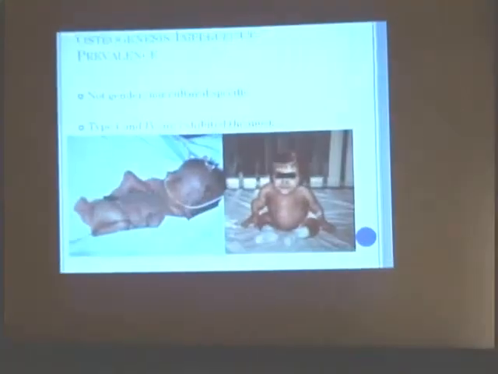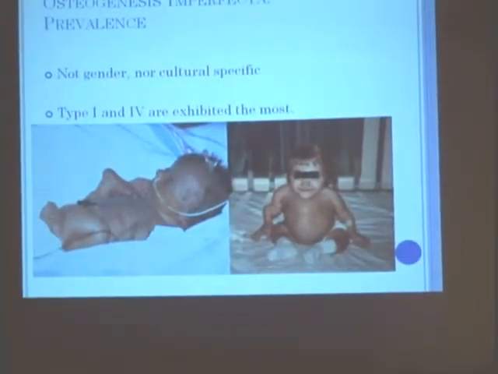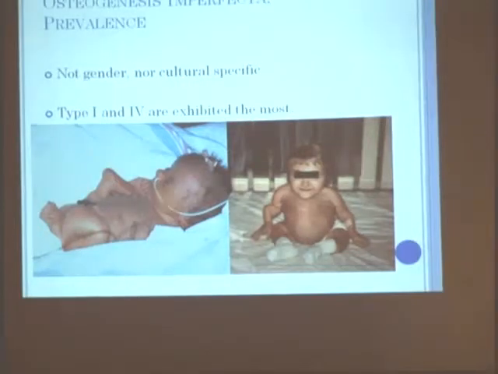Yeah, so osteogenesis imperfecta is not gender nor culture specific. Types 1 and 4 are exhibited the most, and 1 in every 20,000 births is osteogenesis imperfecta. The different types go into more specifics, but for generalization, in 1 in every 20,000 births, a person has some type of osteogenesis imperfecta.